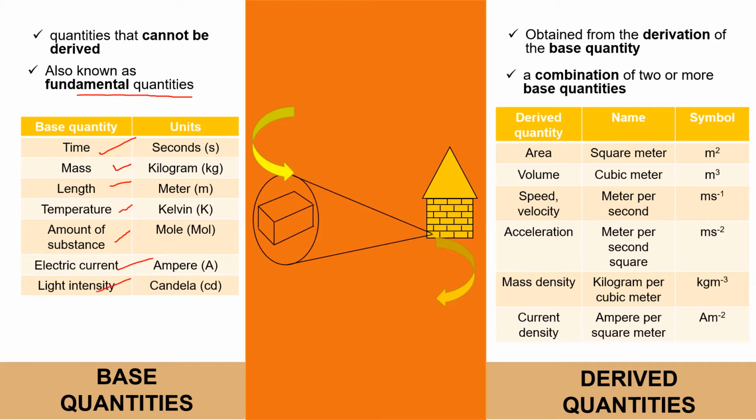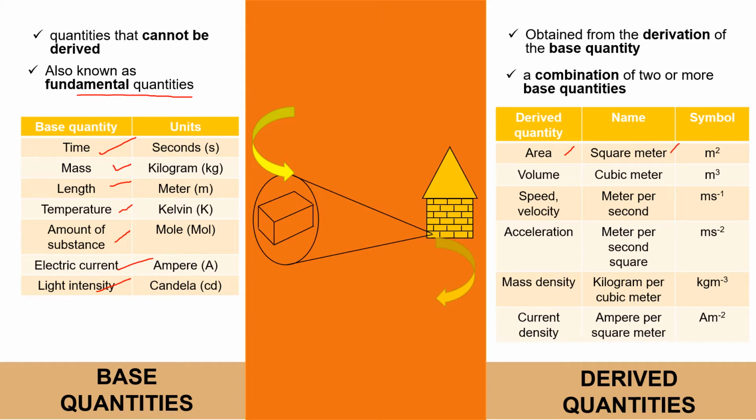For the derived quantity, it is something whose unit can be derived. Derived from what? From our base quantity. For example, kg per second. So those are all derived quantities. For example, here we have area. Area is meter times meter, m times m, square meter.